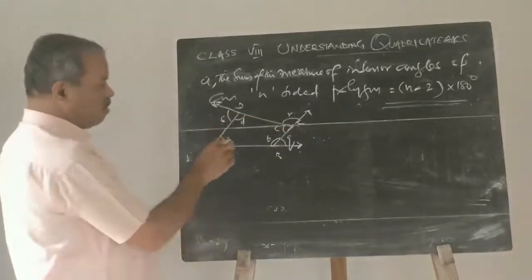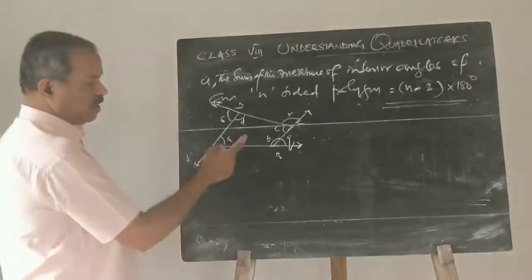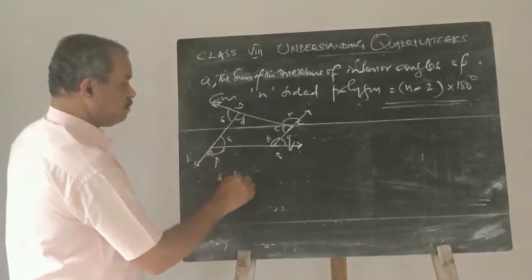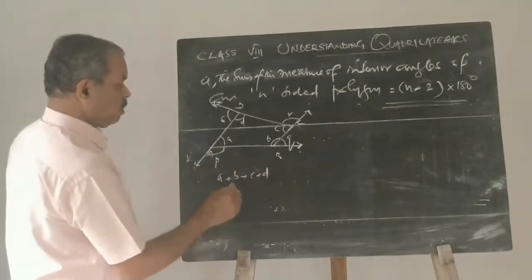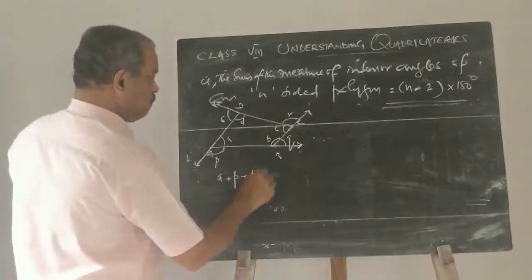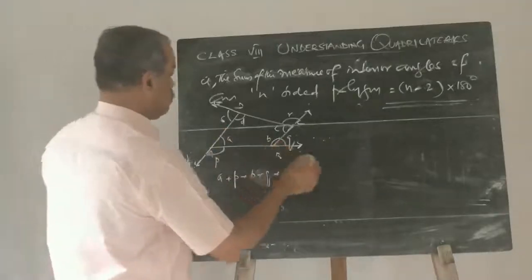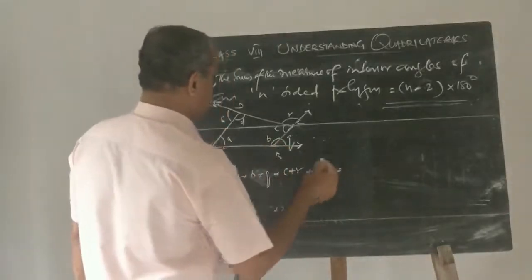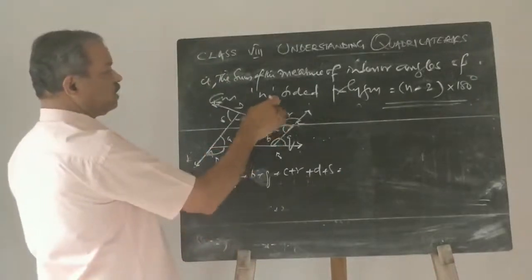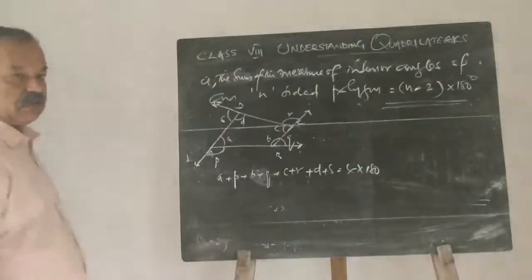The sum of the exterior angle and interior angle is 180 here also, because they form a linear pair. So A plus P plus B plus Q plus C plus R plus D plus S equals 180 plus 180 plus 180 plus 180, which is 4 times 180.